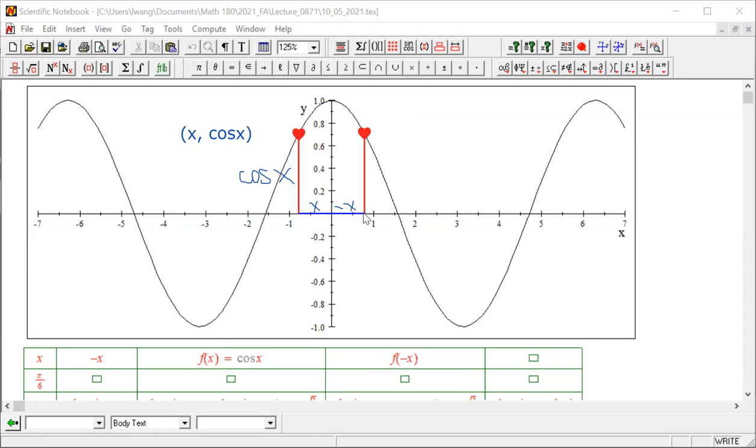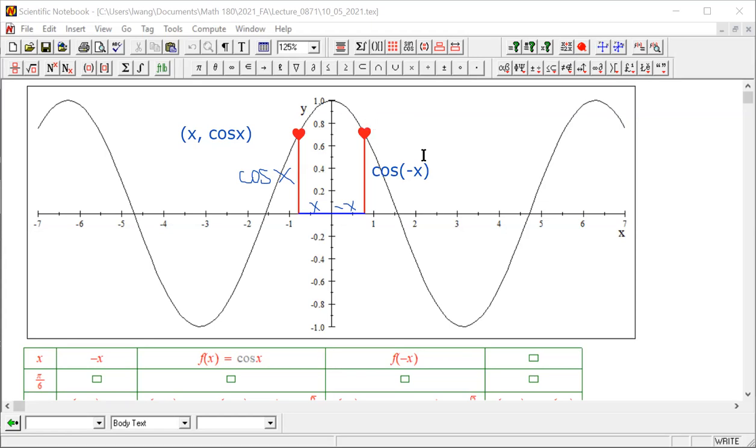Therefore, this piece is a negative x. And how about this piece of red? That piece is going to be cosine of negative x. So these two reds are the same height.